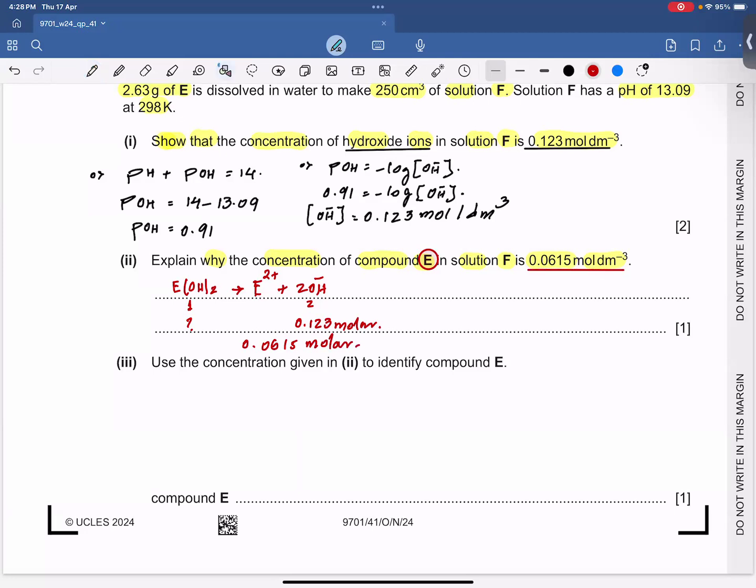So this concentration can be determined on the basis of this molar ratio, all right? So what we can write here is both group 2 hydroxide and hydroxide ions exist in 1:2 respectively.